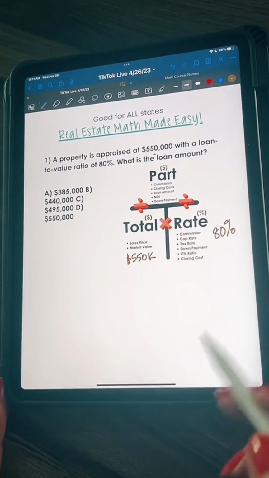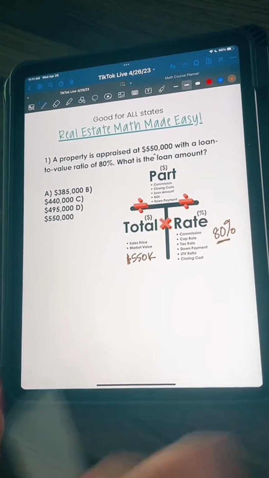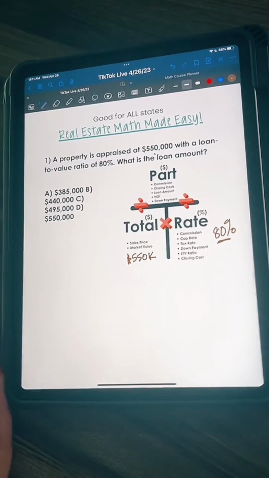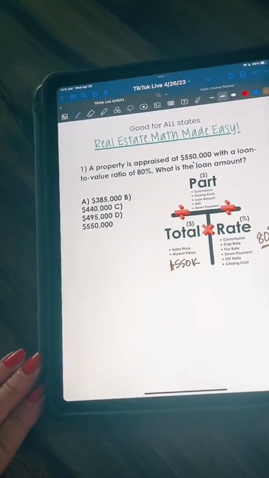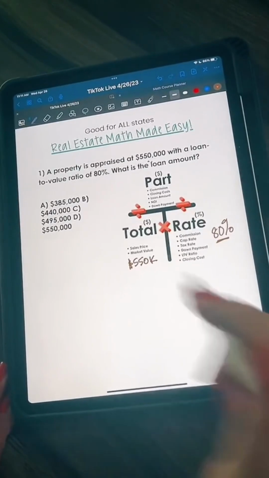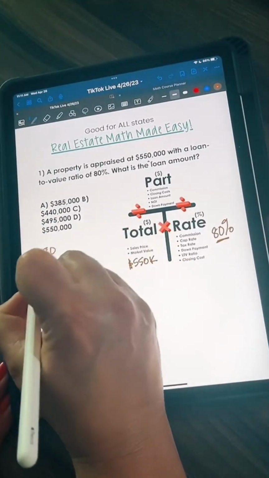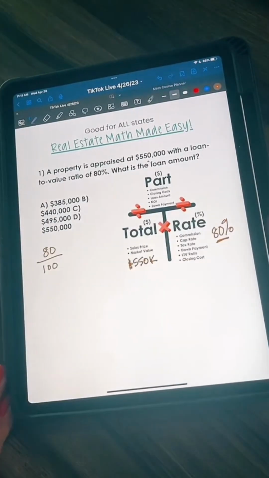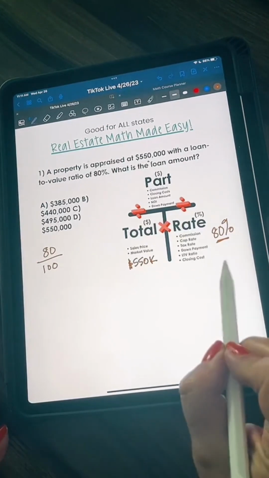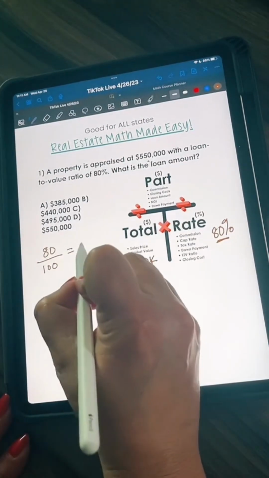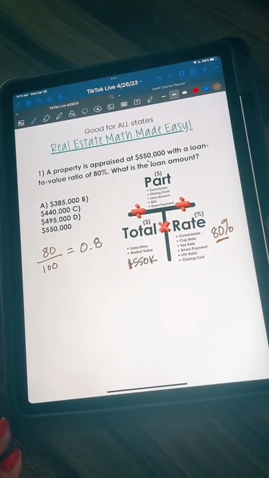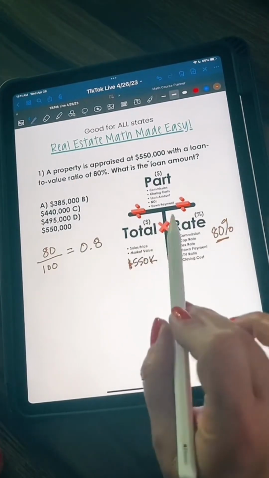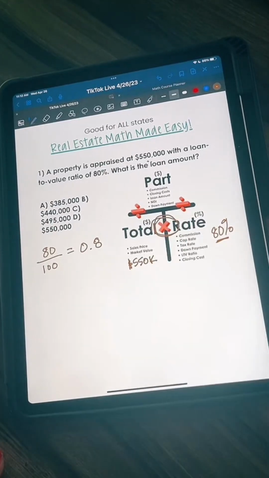Now, step two is change your percent to a decimal. If we change the percent to a decimal, that means we're going to divide the percent by 100, and that's going to equal 0.8. Now according to our T-chart, we're going to multiply.